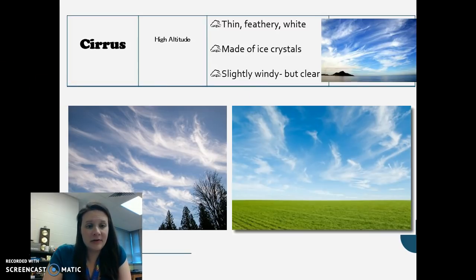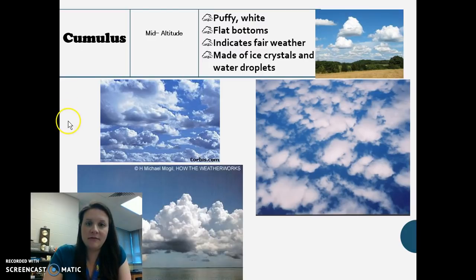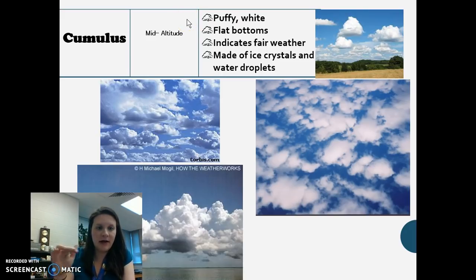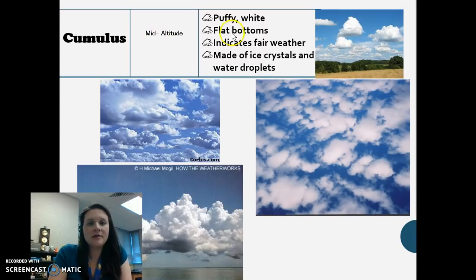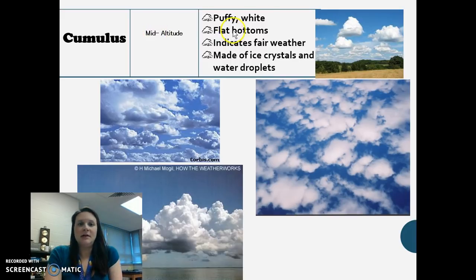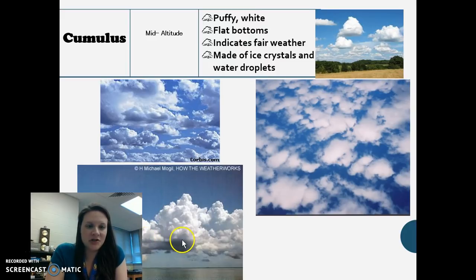The next cloud that we're going to talk about is the cumulus cloud. Cumulus clouds, they are the mid-altitude cloud, mid-level. Their traits, they're puffy, they're white. They oftentimes have this flat bottom feature.